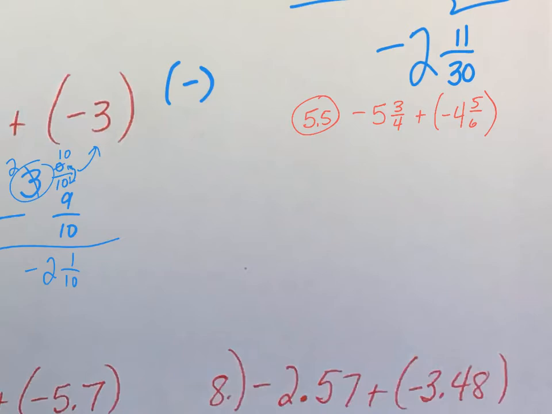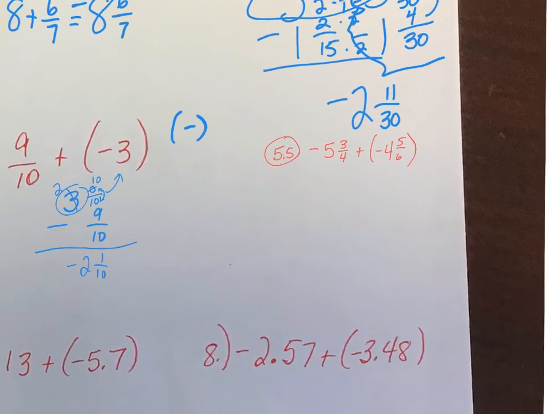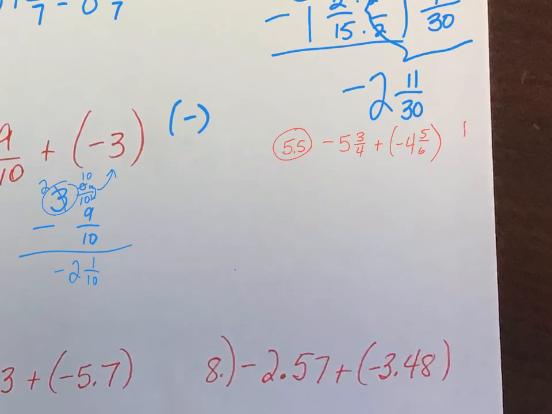If I look at it and drop the fractions off, negative 5 plus negative 4 is negative 9. So we're really going to add these, right? Common denominator between 6 and 4 is 12.